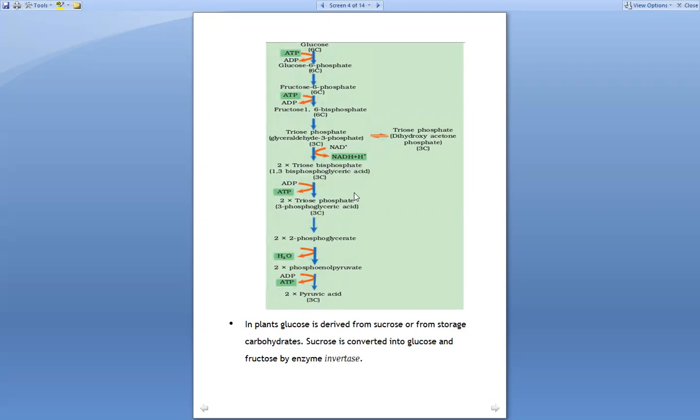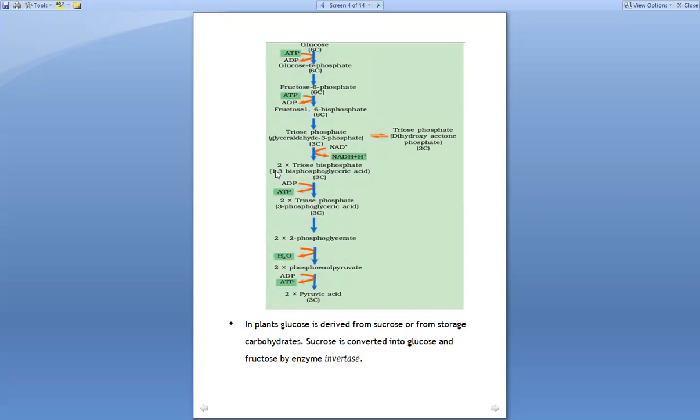So in this triose phosphate, from two phosphates only one phosphate is left, because one phosphate has been removed, right? So this 2 into triose bisphosphate gets converted to triose phosphate. Again, it will be 2 in number, right? So this 1,3-bisphosphoglyceric acid gets converted to 3-phosphoglyceric acid, right?